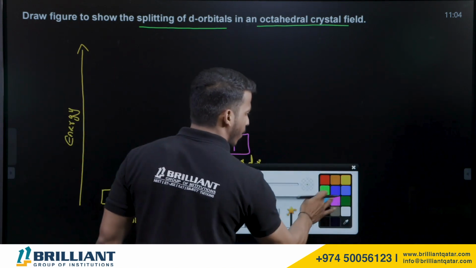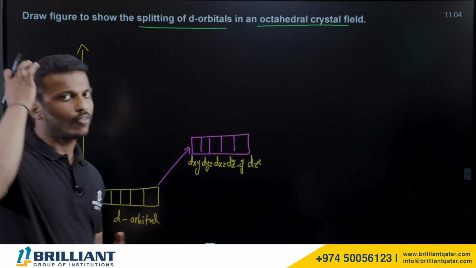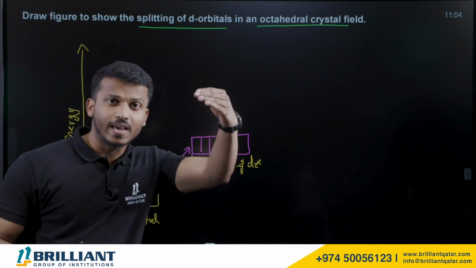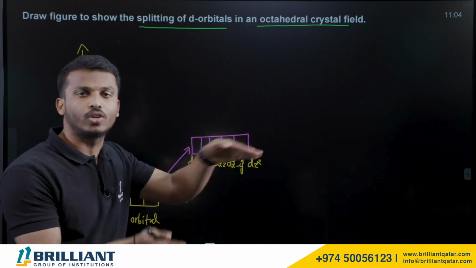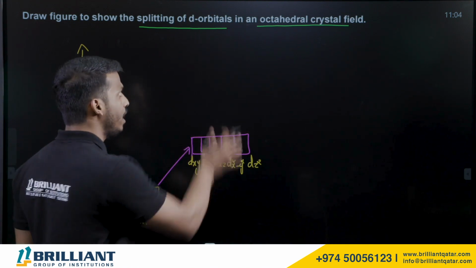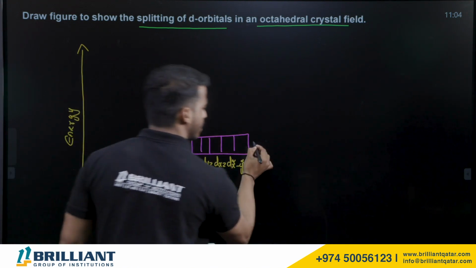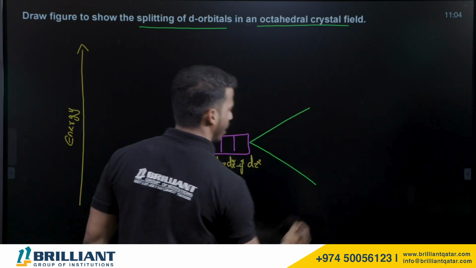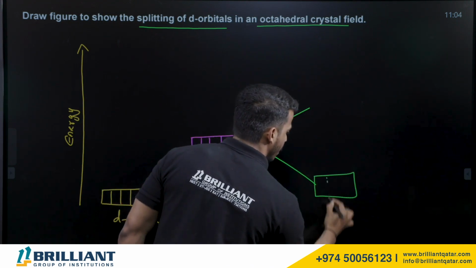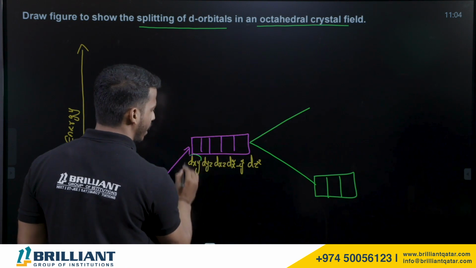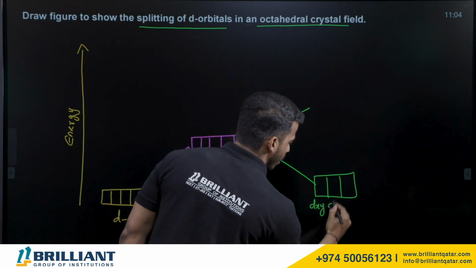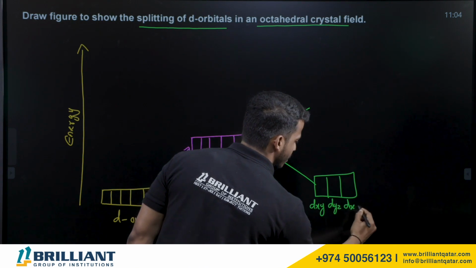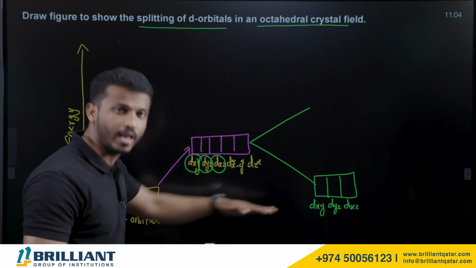When a ligand approaches, dear all, what does crystal field theory say? When a ligand approaches the metal atom, the metal d orbitals split into two sets of energy. In an octahedral complex, they split into two levels, in which the first three, dxy, dyz, dxz, go to the lower energy state.